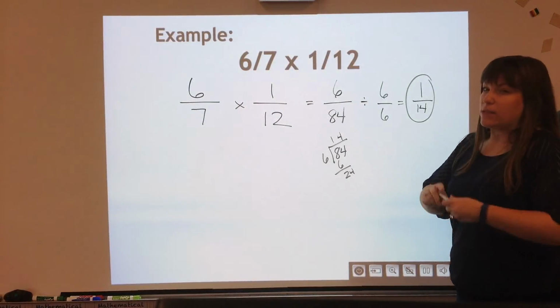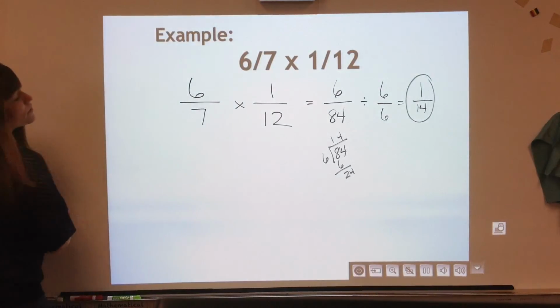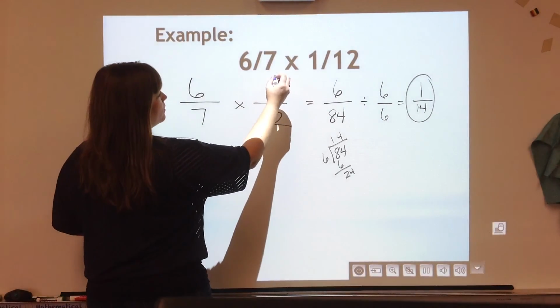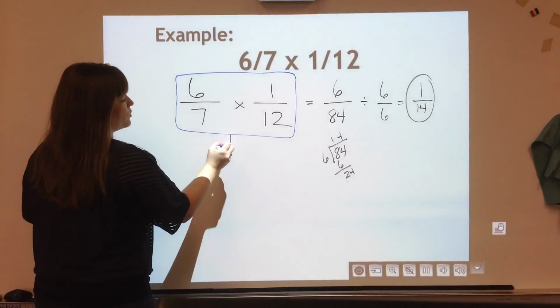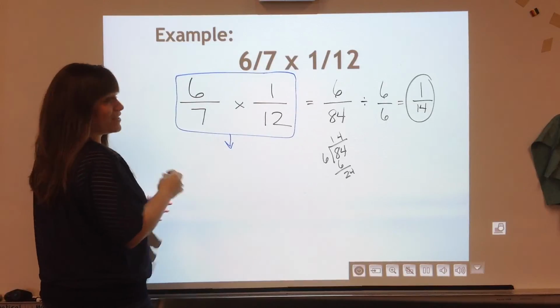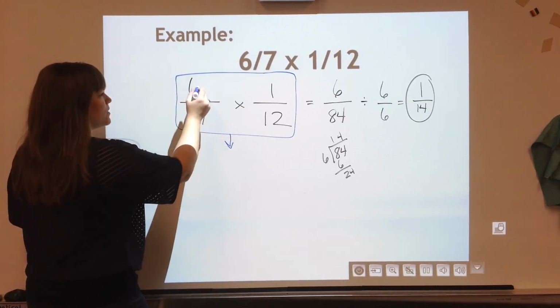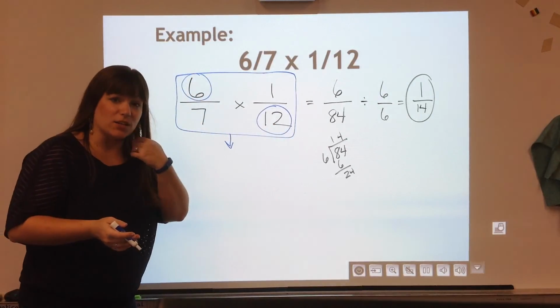Now let me show you that simplifying trick. If you simplify first, you would notice, and I'm just going to try to put a box around this. Now I'm going to show you down here below how to simplify. If you notice that, hey, this 6 and this 12 have a common factor.